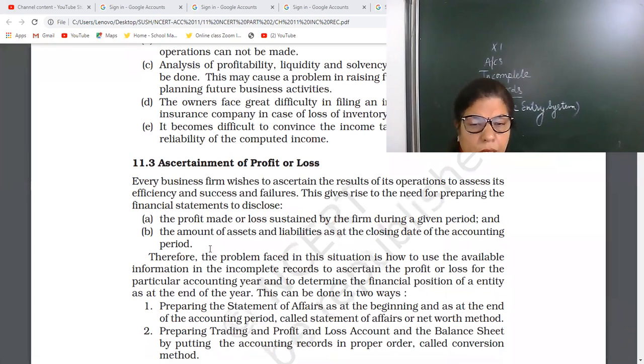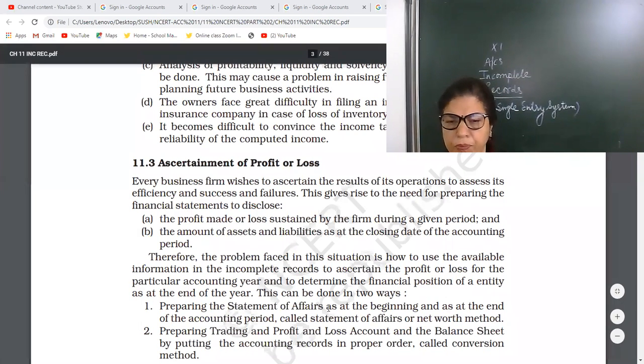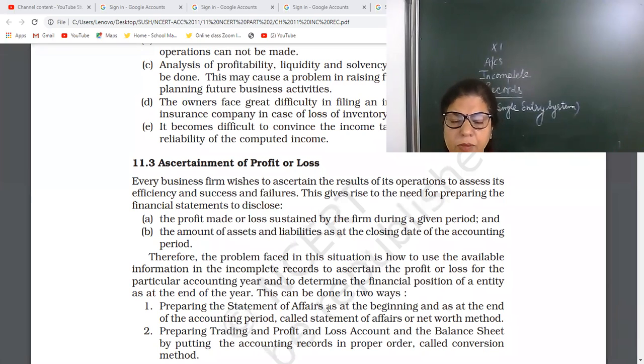See, they prepare a statement of affairs. Statement of affairs means that at the beginning and at the end, they prepare a format to find out their assets and liabilities, and their capital, the balancing figure. And if they want to prepare trading P&L and balance sheet, then it is through the conversion method, but this year that conversion is not in your course.